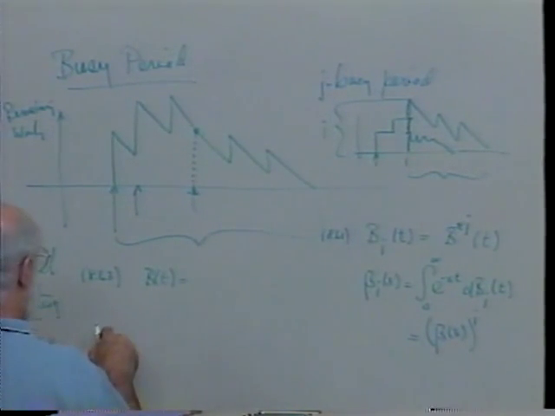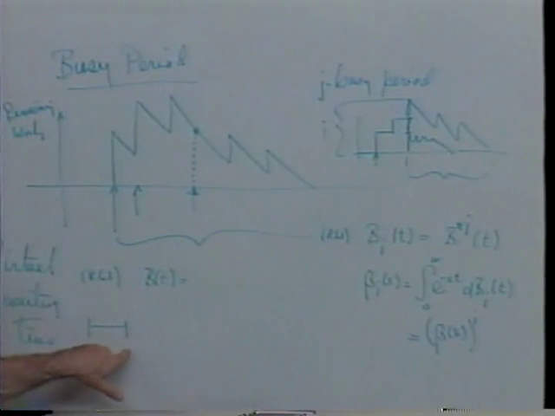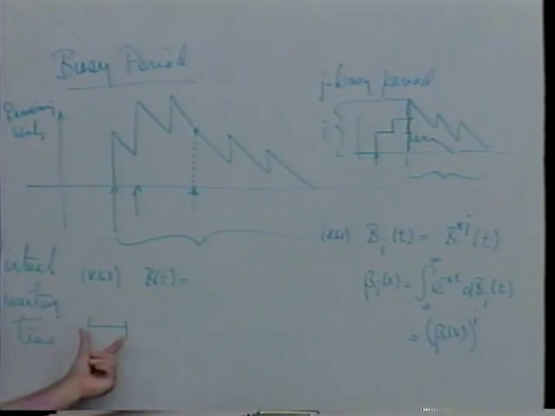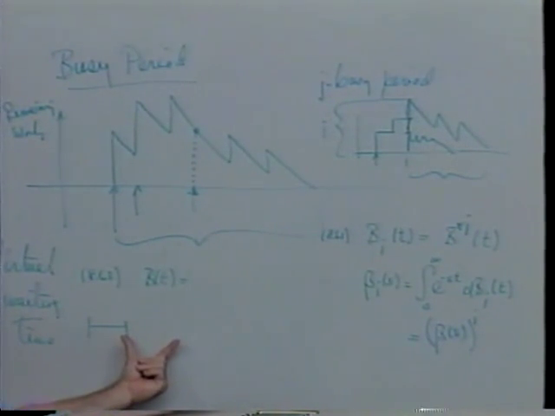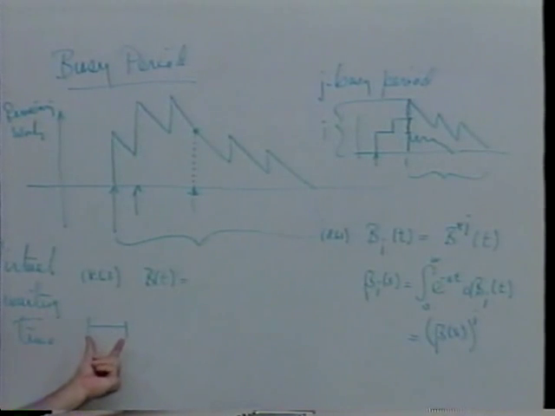The busy period starts off with one customer, and there's a service time. At the end of that service time, there's a remaining busy period, and that remaining busy period is the busy period generated by the j customers who arrived during the first service time.